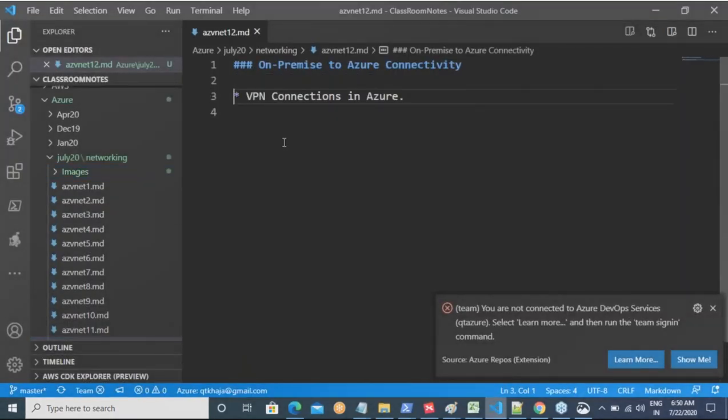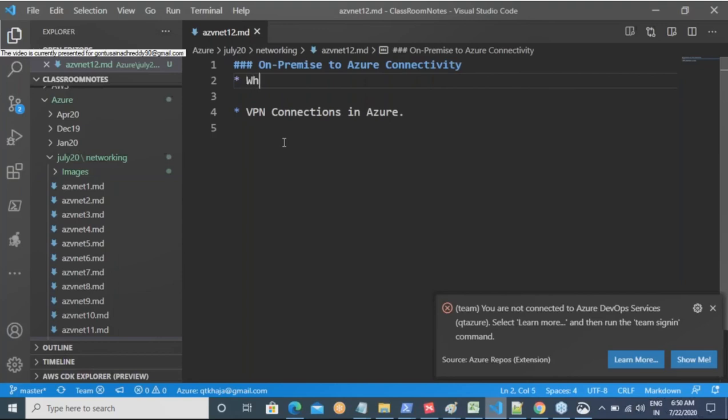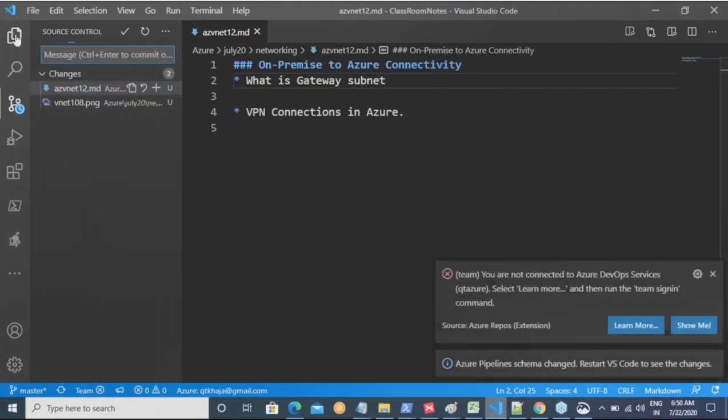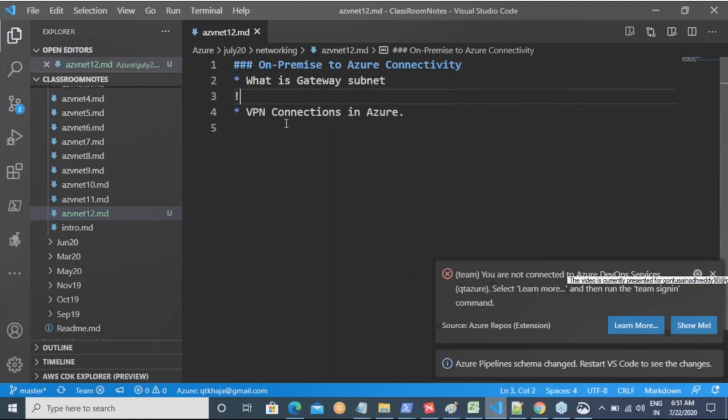So before I get into that, what is gateway subnet? Because I'm quite sure we know what the other subnet is, right?